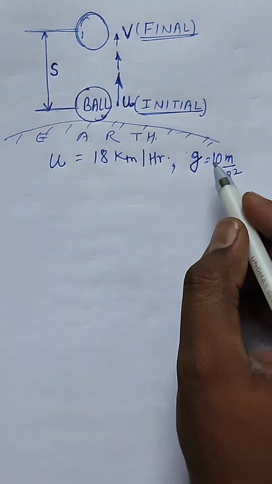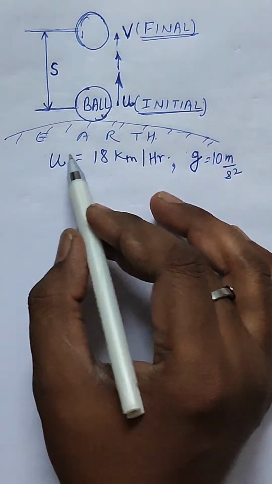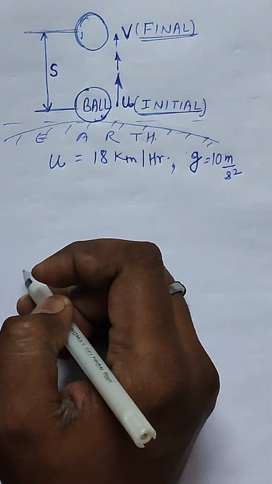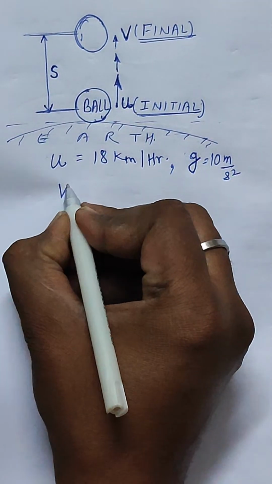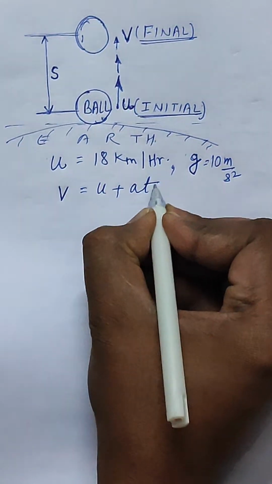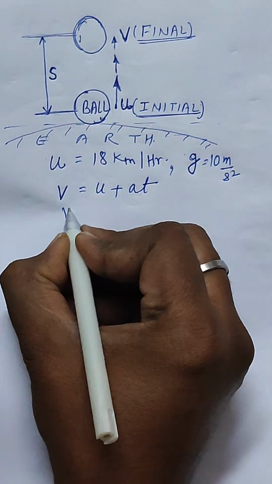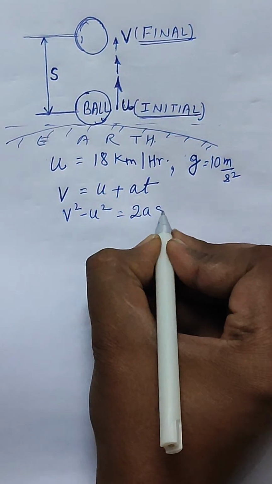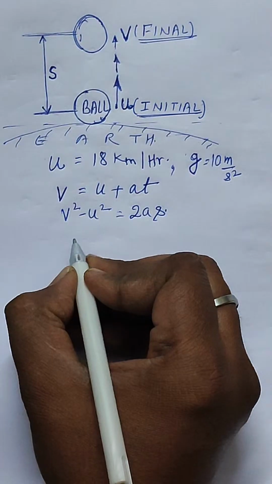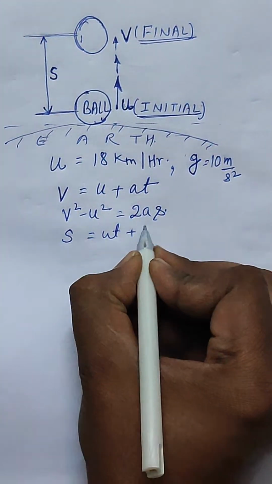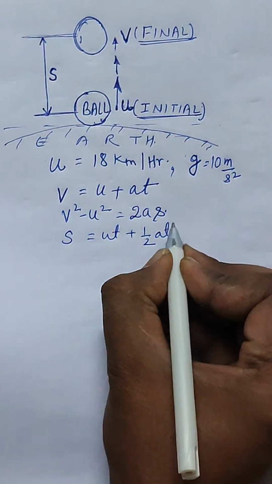Now what we need to understand is which formula will be applied here. If this is considered as reference, then v is equal to u plus at, v square minus u square equal to 2as, and s equal to ut plus half at square.